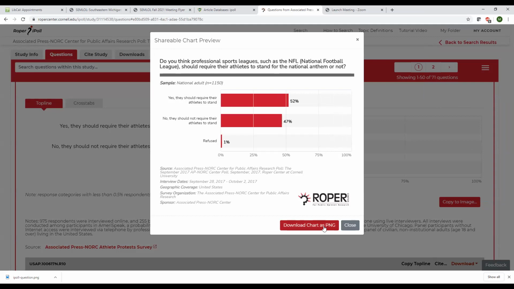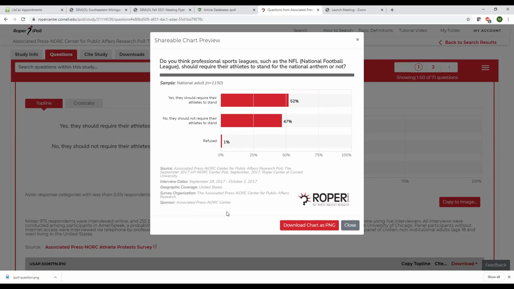This has been very helpful as a visual to insert into a paper, a PowerPoint, or something like that. And I feel that it has all of the citation information, so I don't think a student could pretend they made this poll visual on their own.